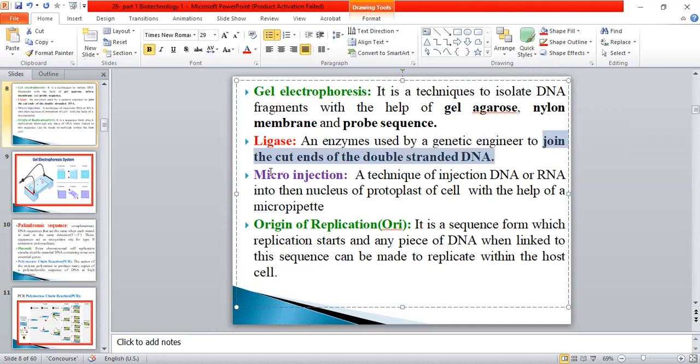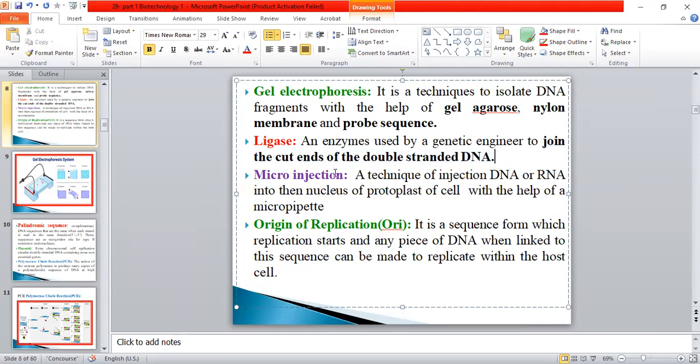Where we made a cut, that cut is joined with the foreign DNA molecule with the help of the enzyme called DNA ligase. Ligase is nothing but the linking of two genes. Where we made a cut, they both are united, and you get the single strand, the normal one again. That is very, very important.